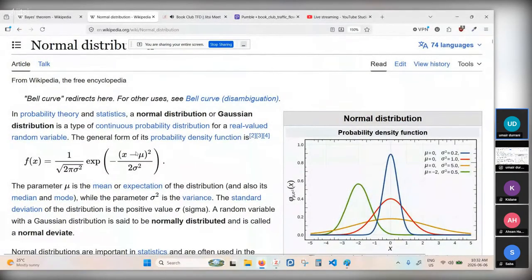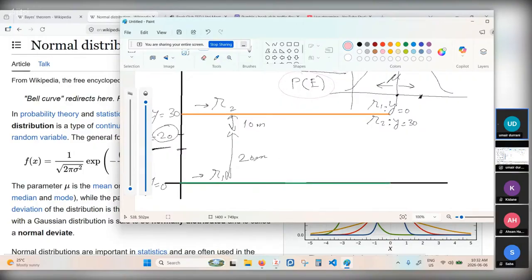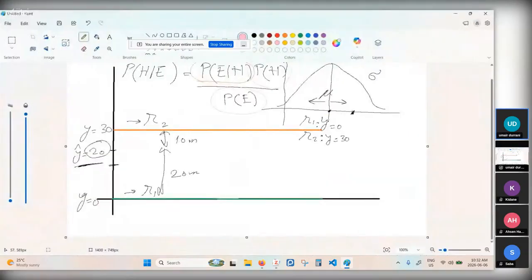And we would assume that the mean value is going to be whatever is the actual road position. So if you are on R1, on our plot here, if you are on the road R1, then the y value is 0. And that would be the mean value of the position.